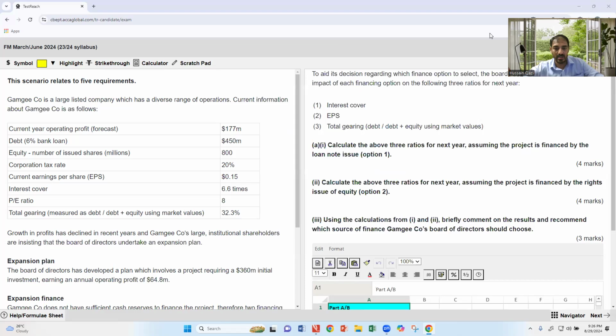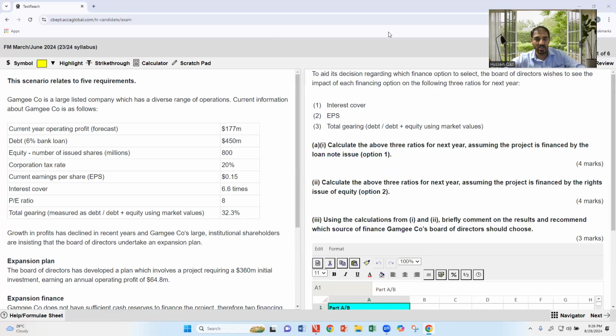First of all, what should you do if you are sitting in the examination hall and you face that particular question? First, read the requirement and develop your mindset about the question.